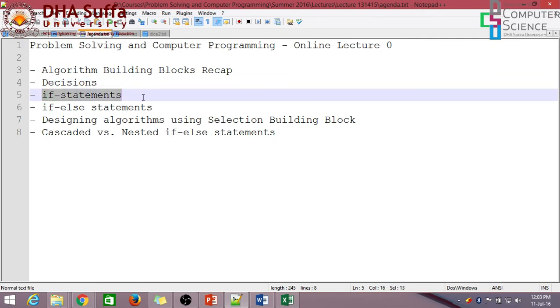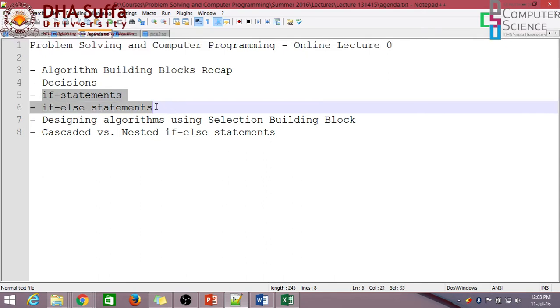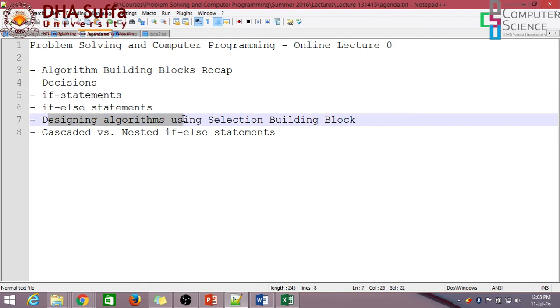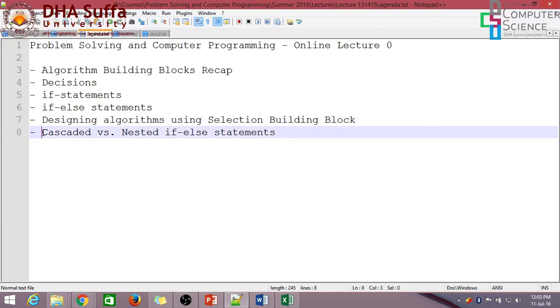And then we'll talk about if statements and if-else statements, and we'll see a few examples and a few problems related to the selection building block, how it is used to design algorithms. Then related to these if-else statements, we'll look at the two styles. One is called the cascaded if-else statements and the other is called the nested if-else statements.